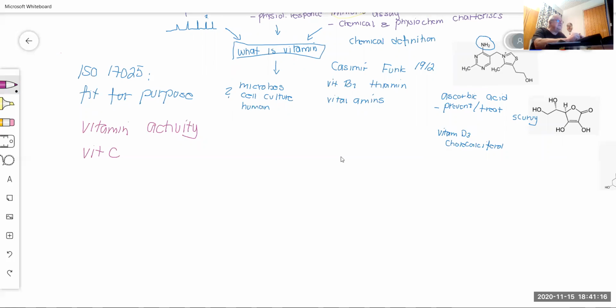Humans need vitamin C, and some other mammals, not all. Apes do, but for instance, dogs probably not. They don't need that in their diet. On the other hand, guinea pigs or some hamsters, marmots, they need this vitamin C.